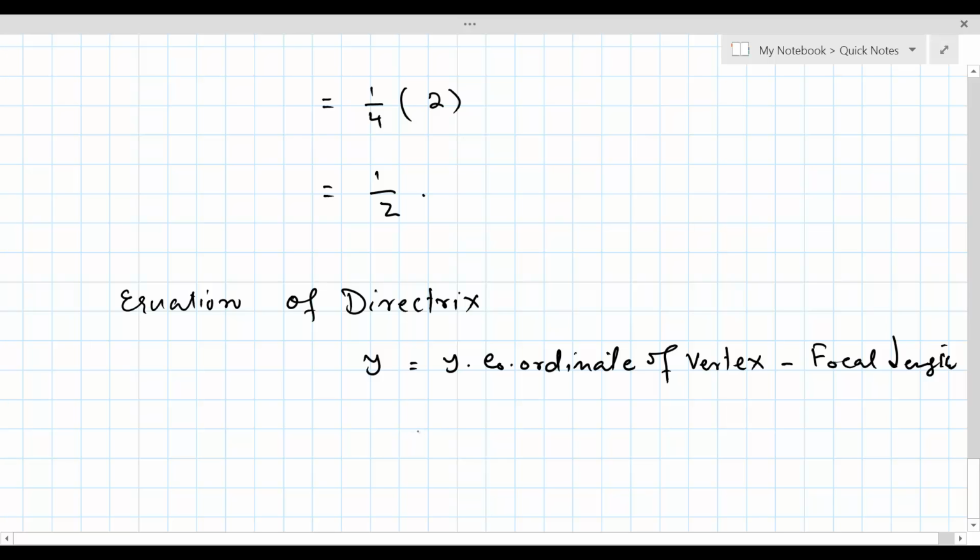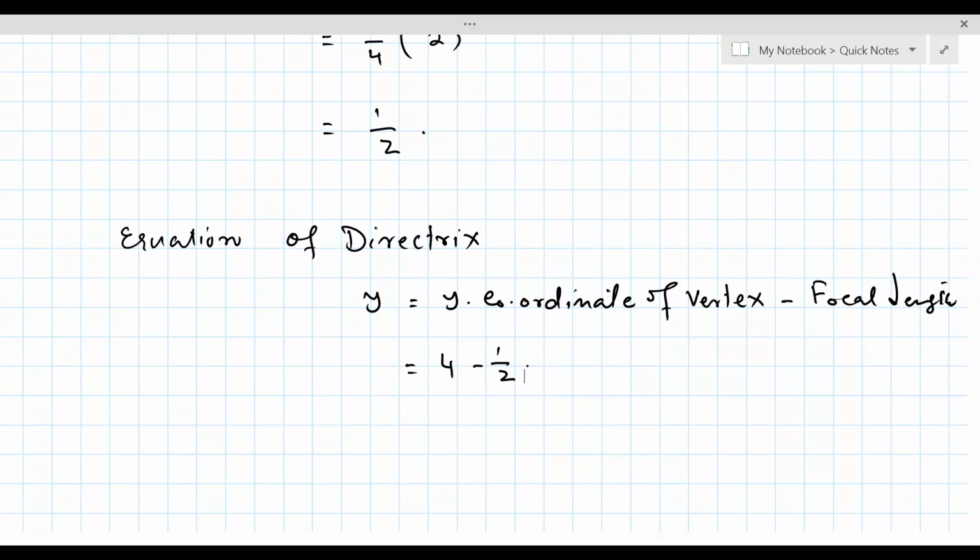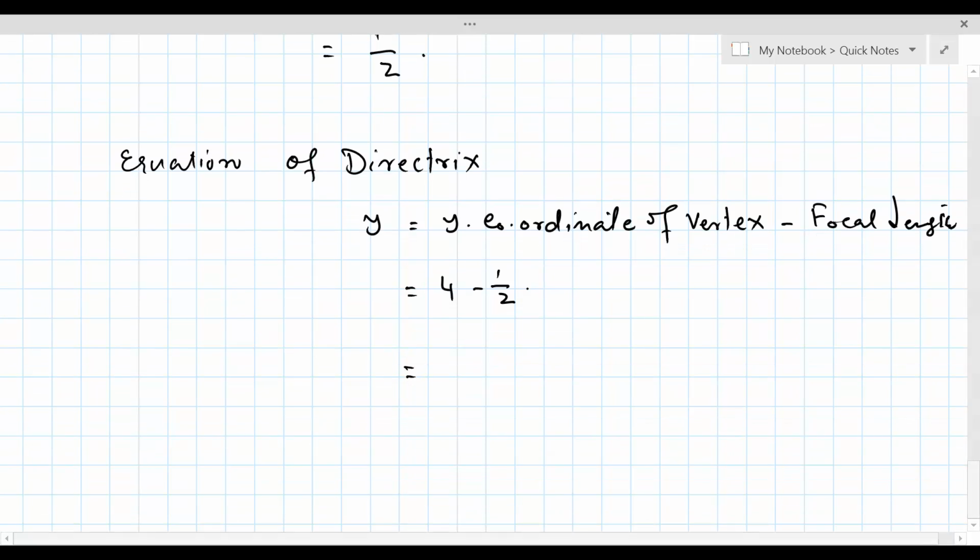So this is equal to 4 minus 1 by 2, which is 8 minus 1 over 2, so y is equal to 7 by 2.